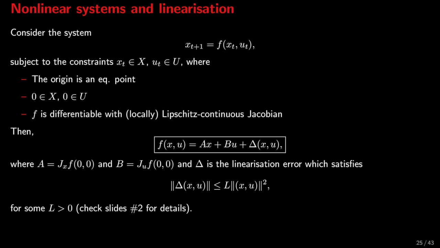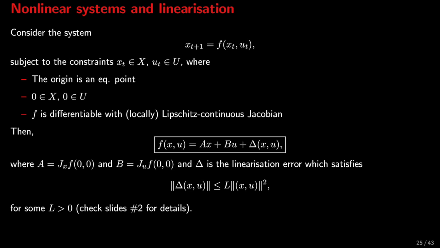Here A is the Jacobian of f with respect to x at the origin, and B is the Jacobian of f with respect to u at the origin. The linearization error delta satisfies the following bound: the norm of delta is no larger than L times the squared norm of the vector (x, u). Here L is a positive constant.